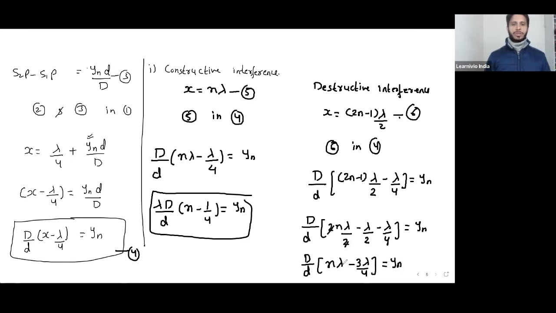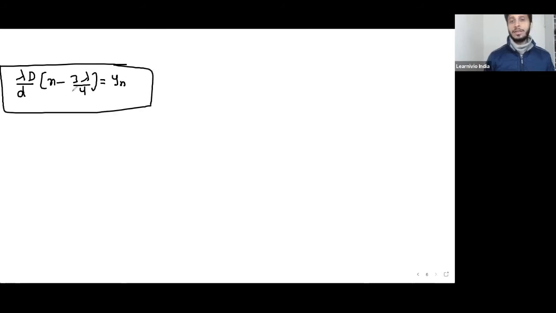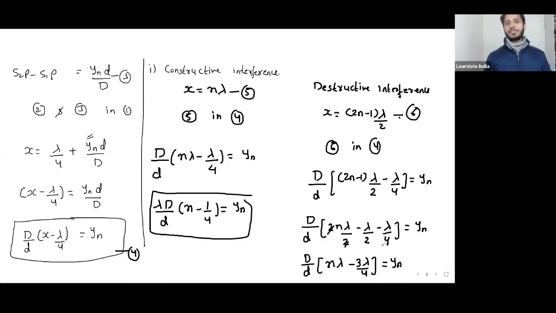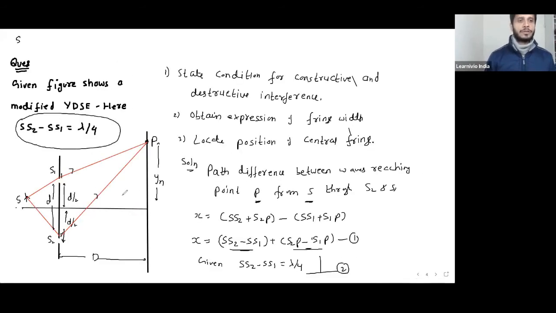Next, what we can do is take this lambda as common. So this is lambda D by d, it's n minus 3 lambda by 4 is yn. So this is the condition of minima and this is the condition of maxima if this source S is not at the perpendicular bisector.